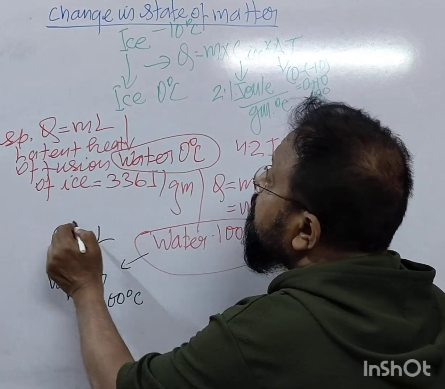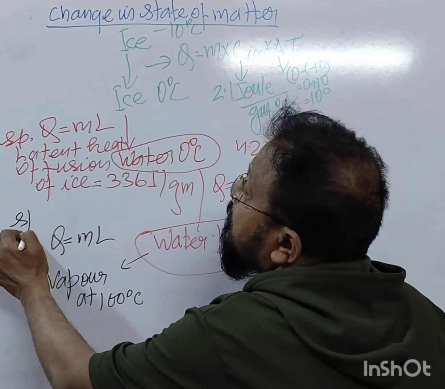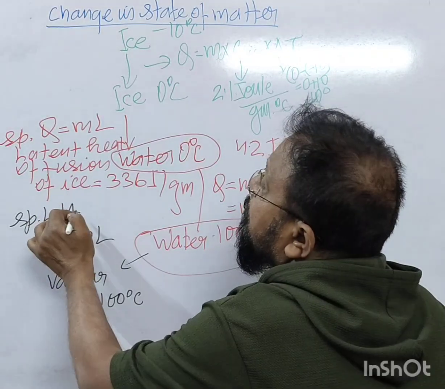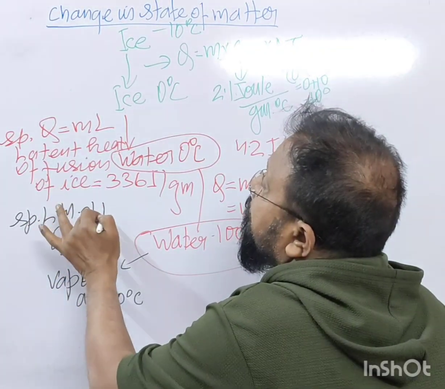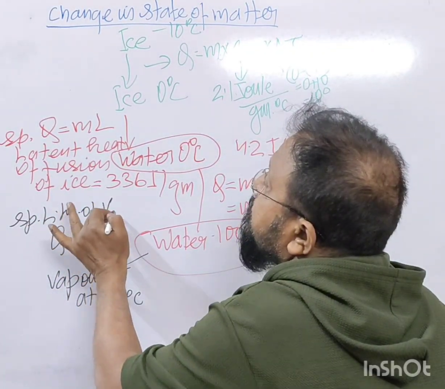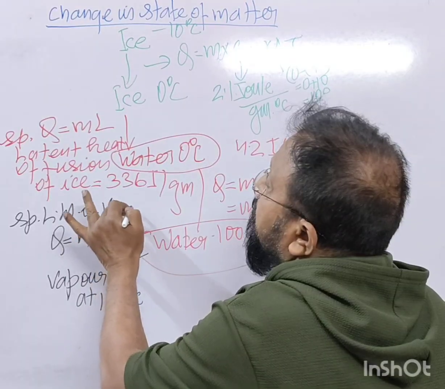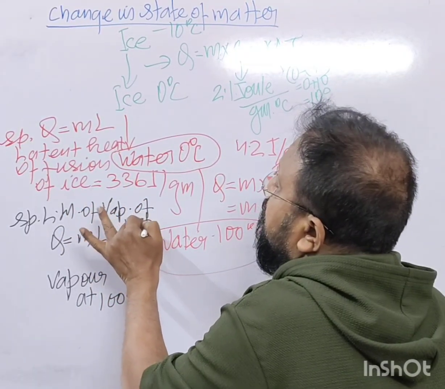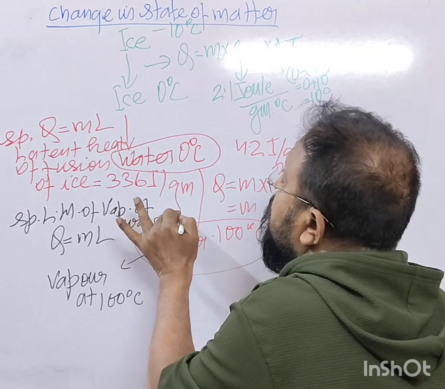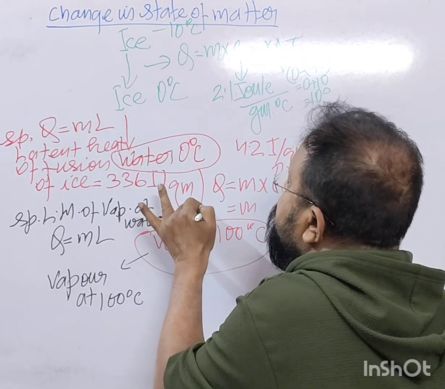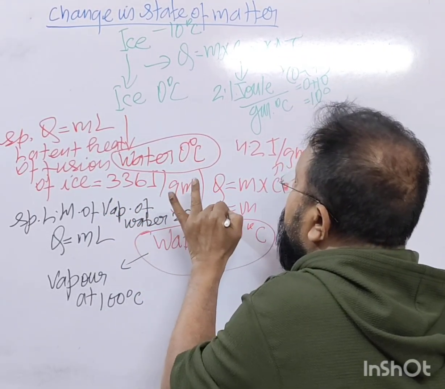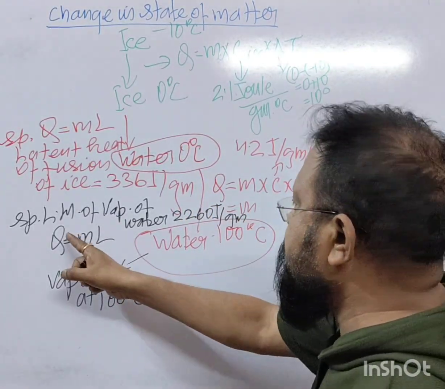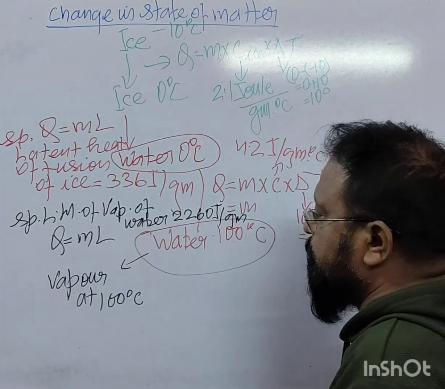L is here the specific latent heat of vaporization of water, which is equal to 2260 joule per gram. Right, this is the specific latent heat of vaporization of water.